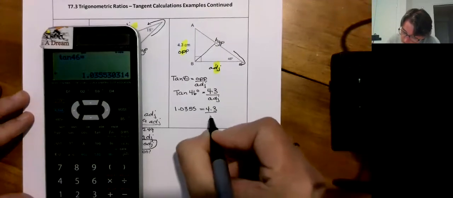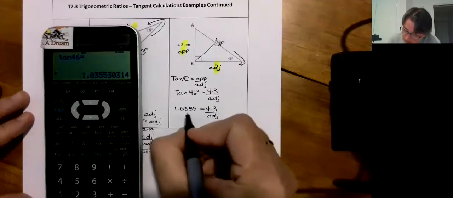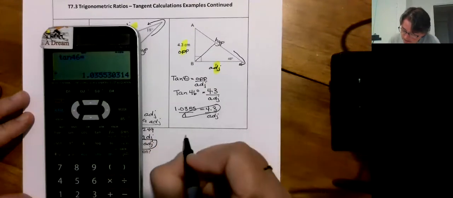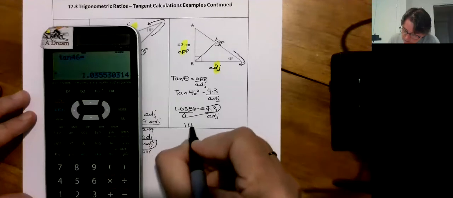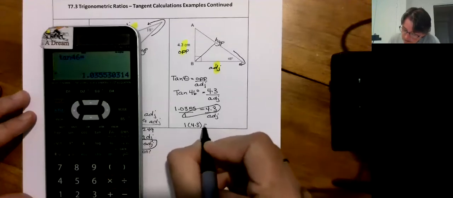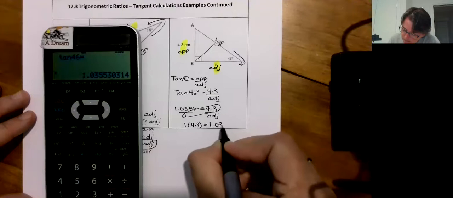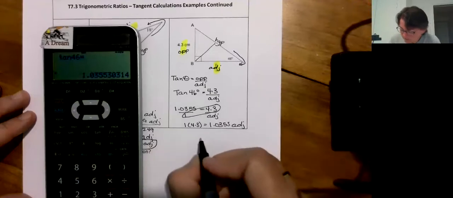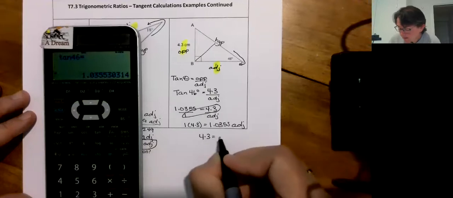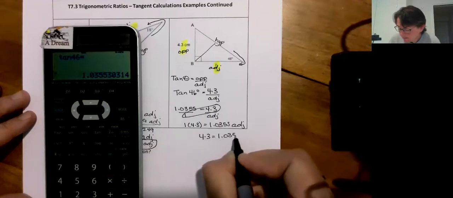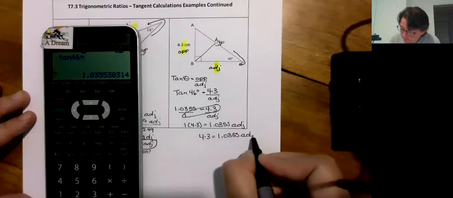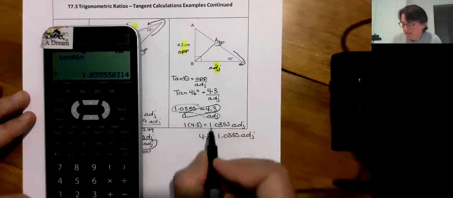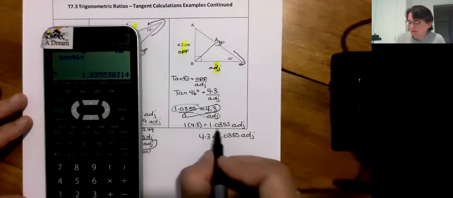4.3 over adjacent. So over 1, cross multiplying, still the same plan. So 1 times 4.3 is equal to 1.0355 adjacent. So in my cross multiply, my first line, I never multiply through.